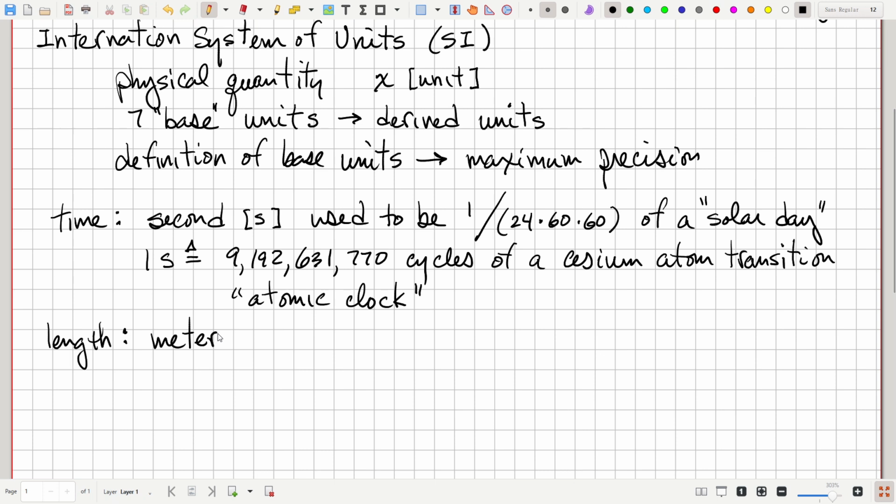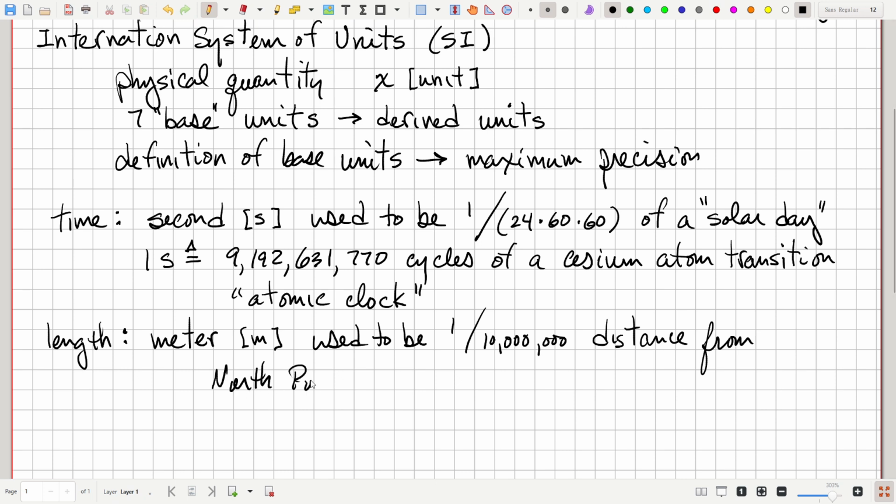Then we have length. Basic unit is the meter. Lowercase m is the abbreviation for that. Now this used to be 1 over 10 million times the distance from the North Pole to the equator through Paris, France.